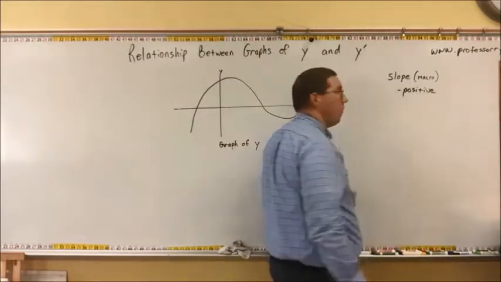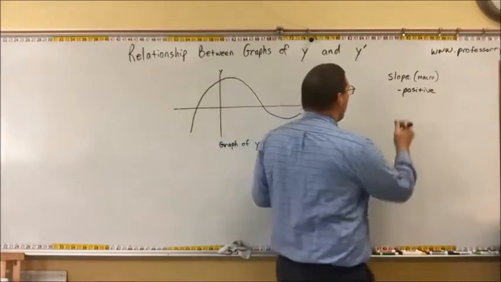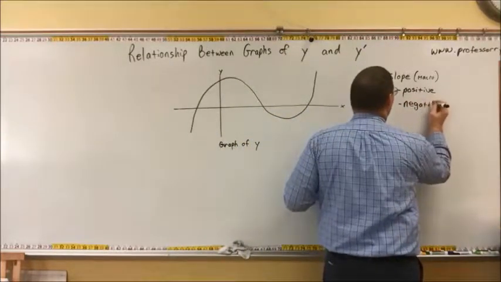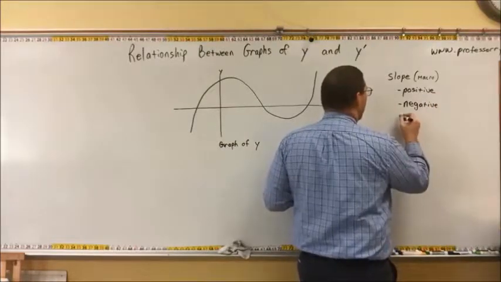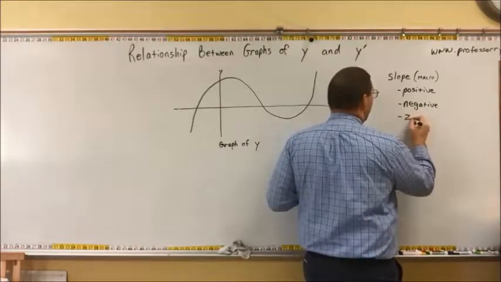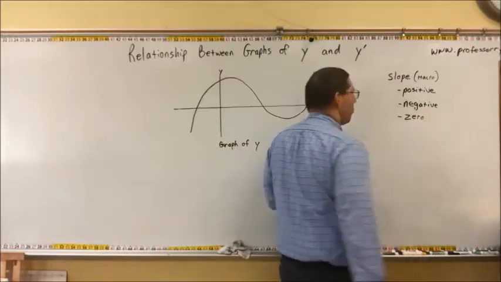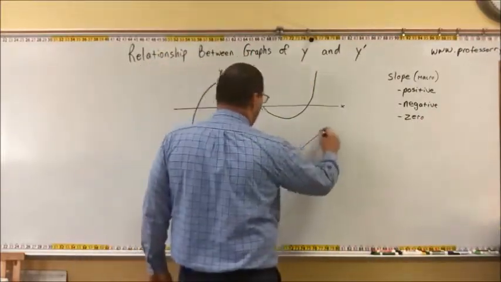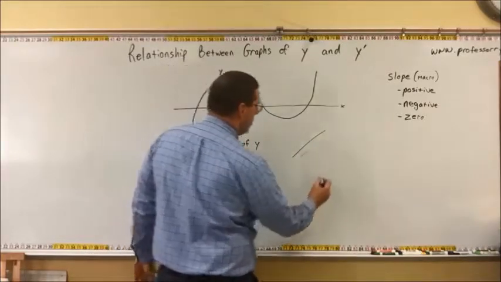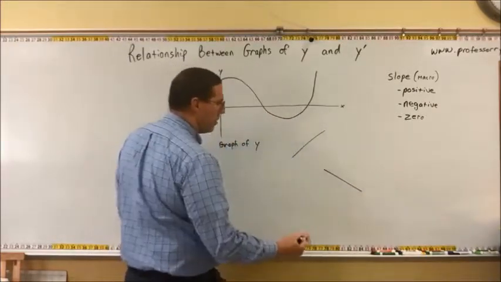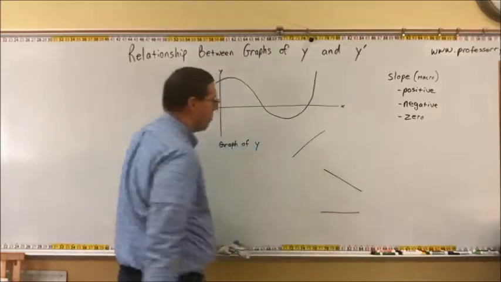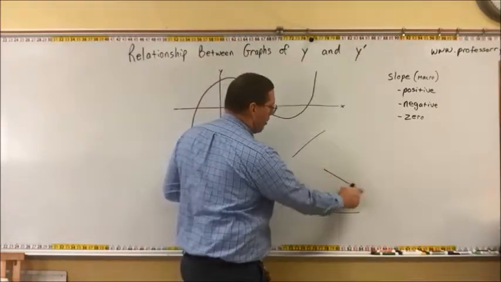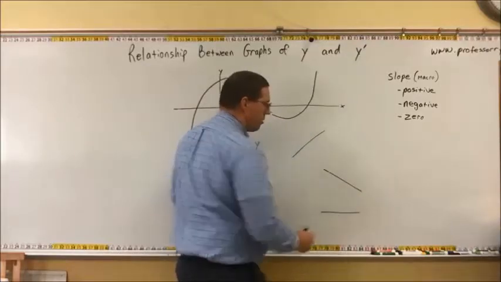So a function can have a positive slope, or it can have a negative slope, or it can have a slope of 0. Those are the 3 possibilities. Positive slope goes like this, negative slope goes like this, and a 0 slope is flat. So this line has a positive slope, this line has a negative slope, and this line has a 0 slope.